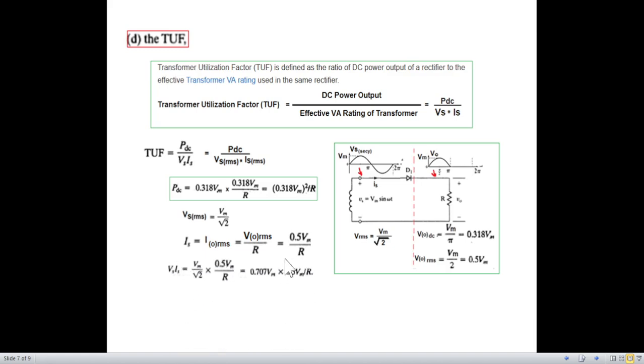So from here, VS, IS can be calculated as the VRMS and the current. And so this is VS IS RMS. And now TUF we can calculate by putting the value of PDC and VS IS RMS. So it will be 0.286.